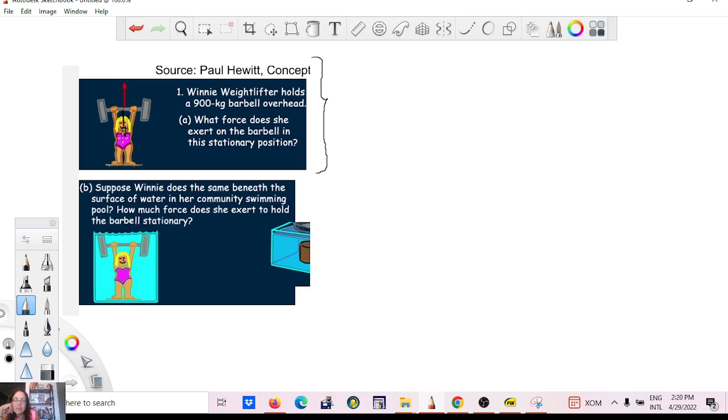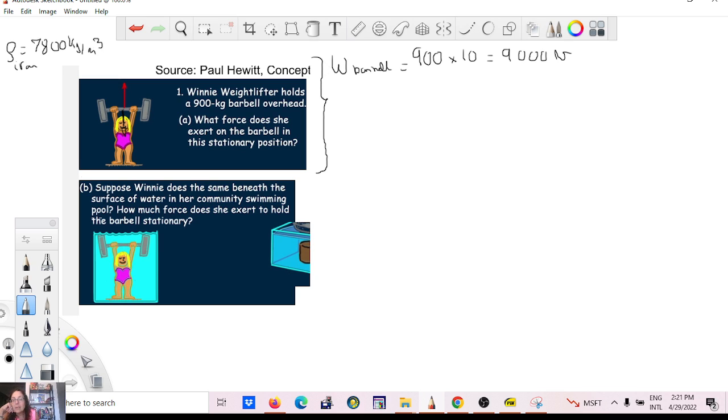You already know that from physics 1. So the weight of the barbell is going to be 900 kilogram times 10, so 9,000 Newton. And they give you that it's made of iron, and the density for iron is that.